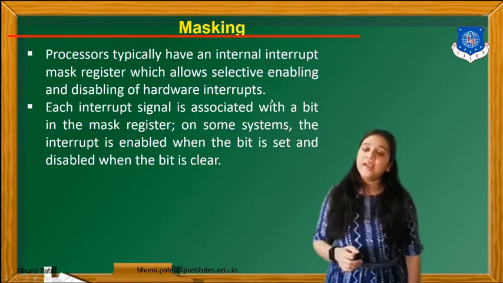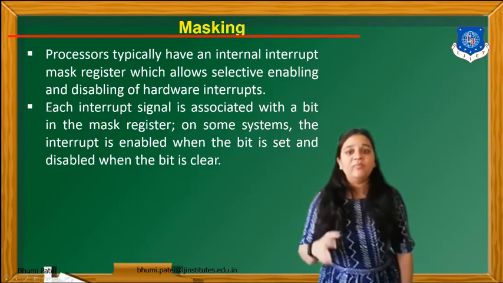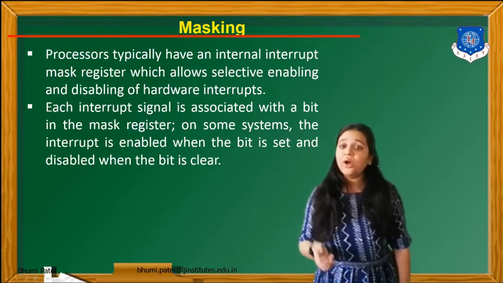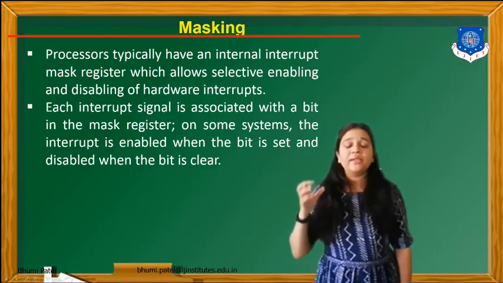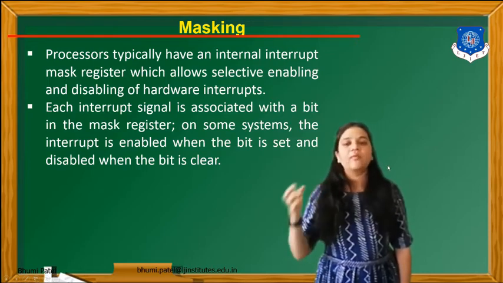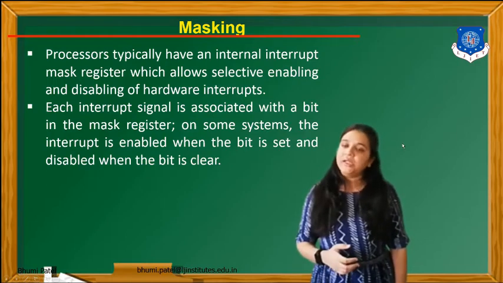If we deal with a digital signal or a binary number, we have two values, 0 and 1. So the interrupt will be enabled when the bit is 1, or set, and it will be disabled when the bit is clear.